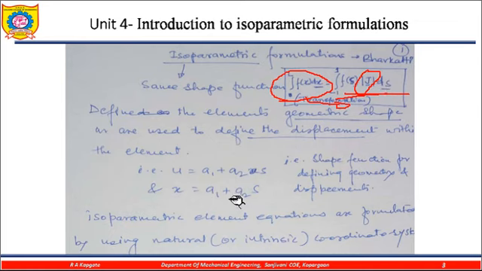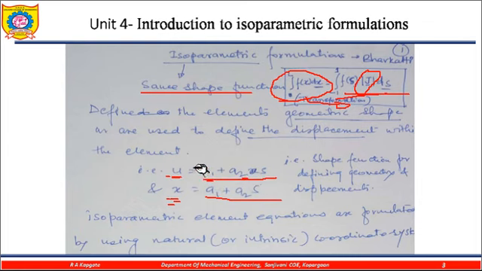So let us take, as I mentioned in the definition, the same shape function. So my geometry is defined by a shape function, that is a1 plus a2s. Similarly, x is the shape and u is the displacement. So x is defined as a1 plus a2s, as well as the displacement is also defined as a1 plus a2s.